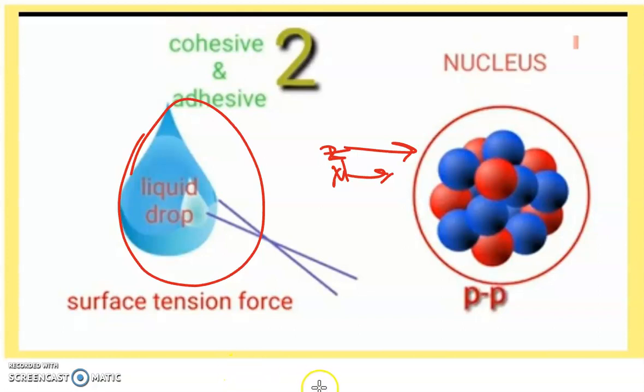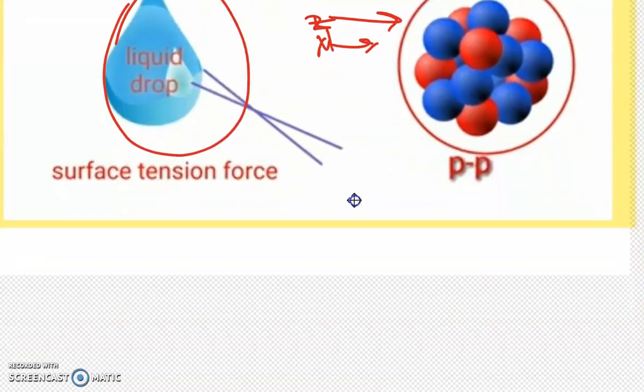Let me explain the third point that we talked about, the mass density, which is constant in terms of the liquid drop model and that of the nucleus. So let's say that we have our x-axis and our y-axis in this case.